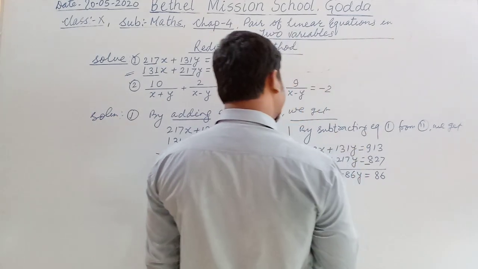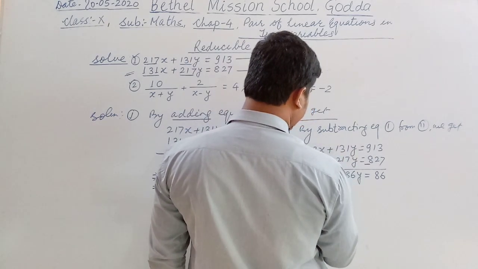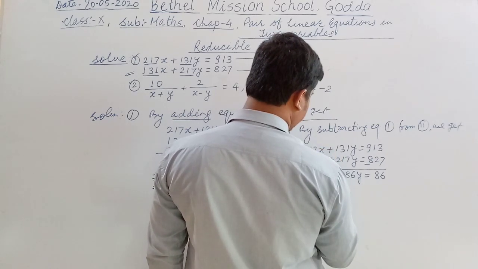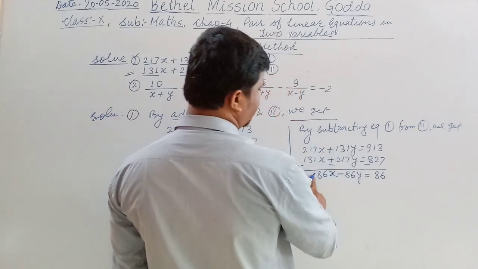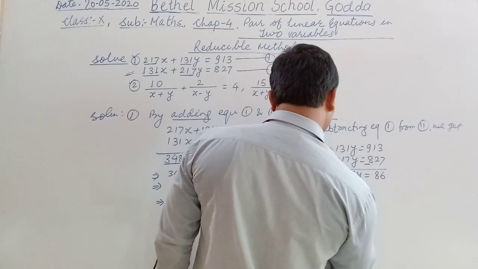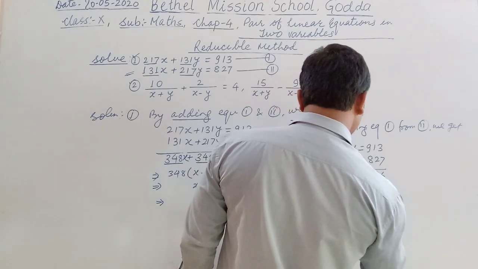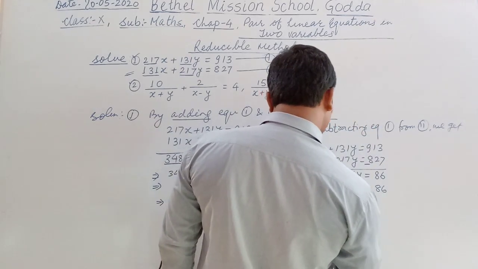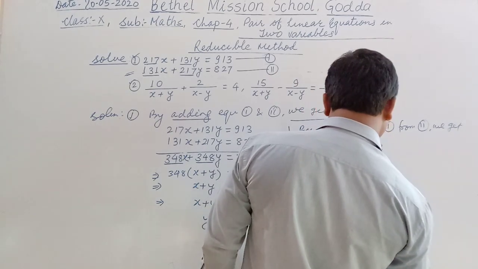So minus 86y, and here 86x, with a plus sign. Now both are 86, so we take 86 common. x minus y equal to 86 upon 86, equal to 1.